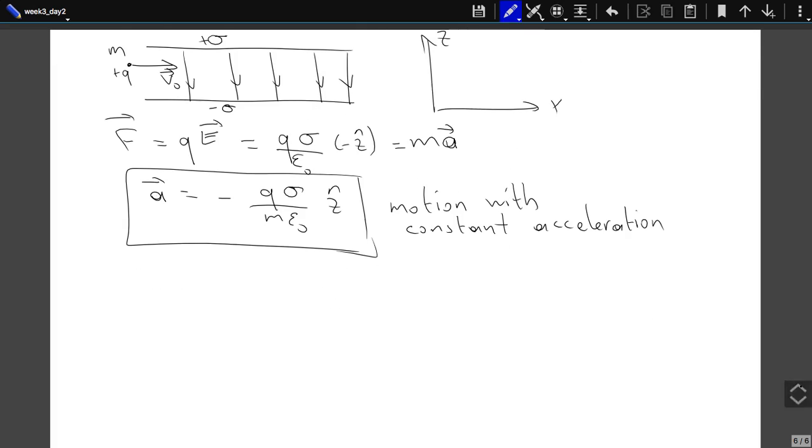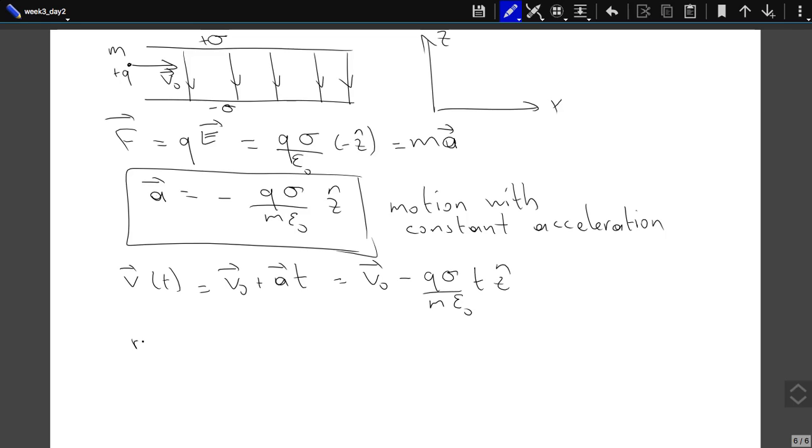So if we know the acceleration, we can determine the velocity. The velocity at time t will be the initial velocity plus a times the time, which will be v0 minus q sigma over m epsilon 0 times t in the z direction. This is the velocity as a function of time.